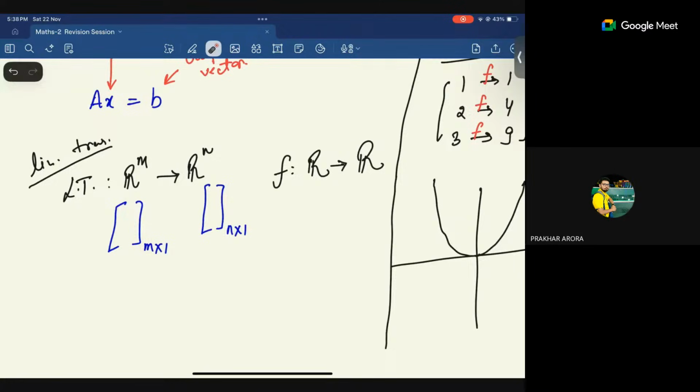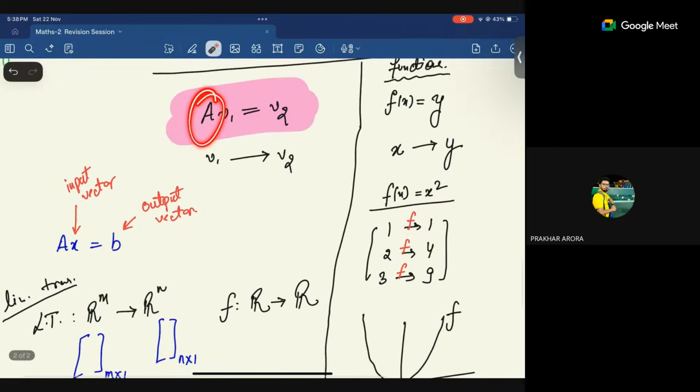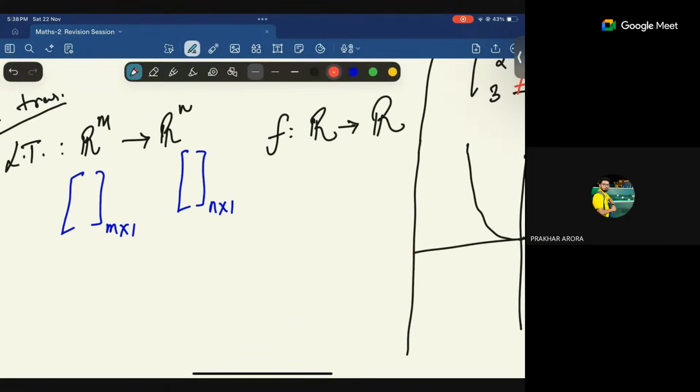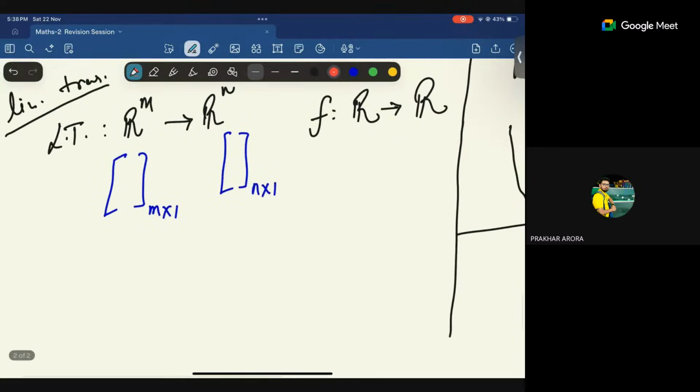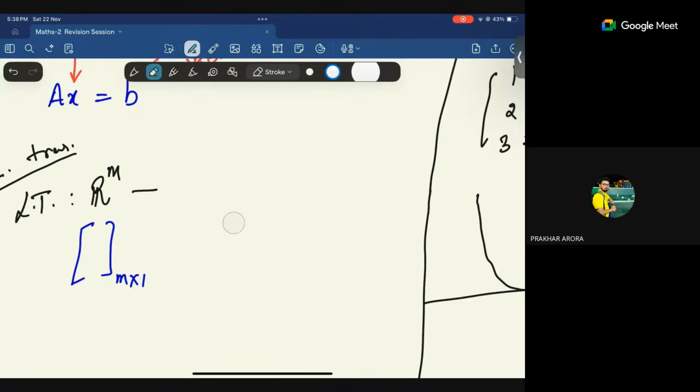So how do we represent this transformation here? How is this A going to fit here? A is the matrix of shape, where do I write it? This we don't need anymore.